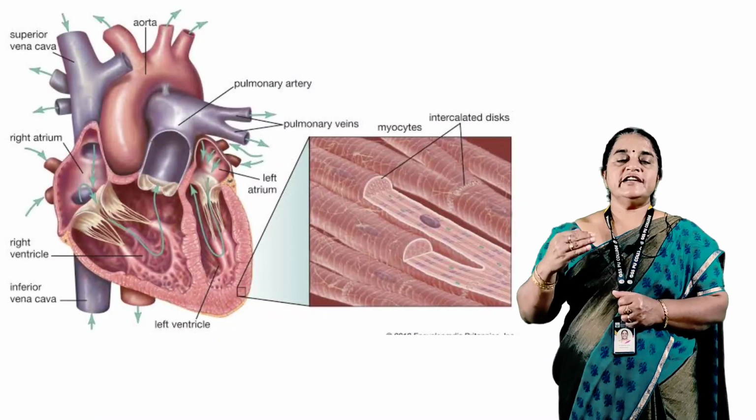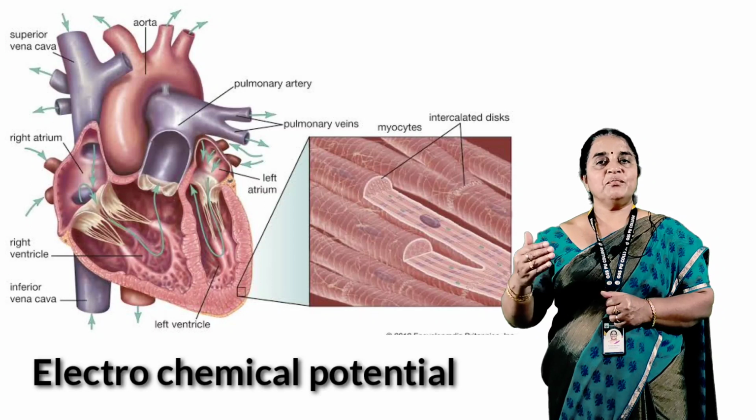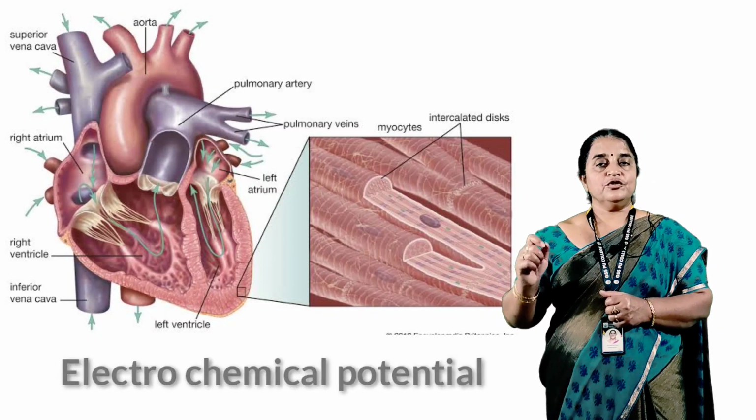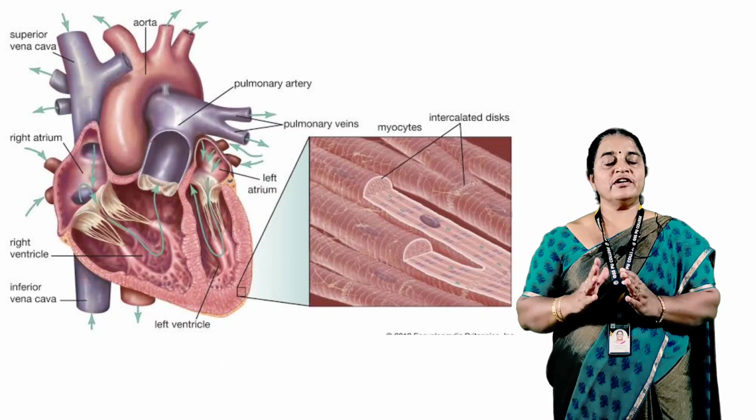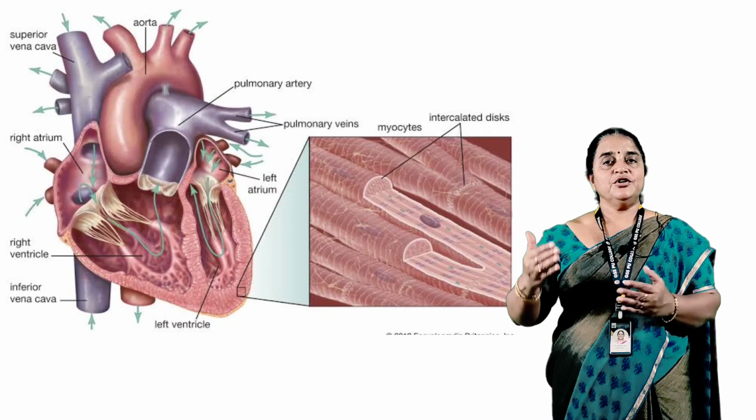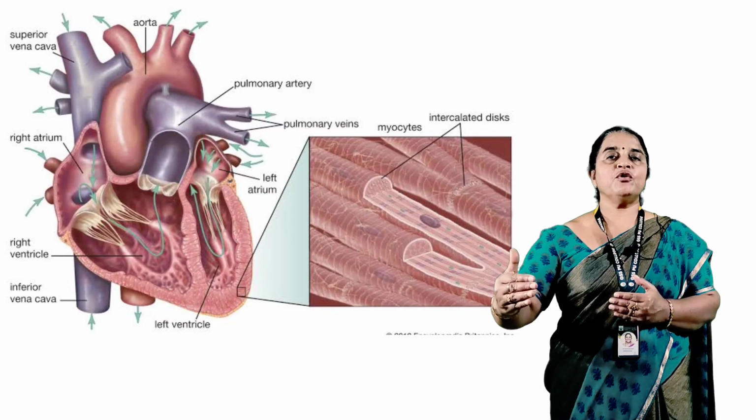As it generates its own electrochemical potential, the muscle undergoes contraction and relaxation to maintain unidirectional flow of blood in the blood vessels.